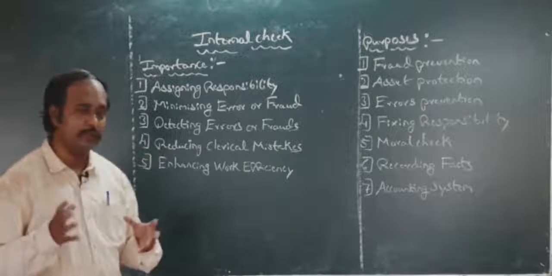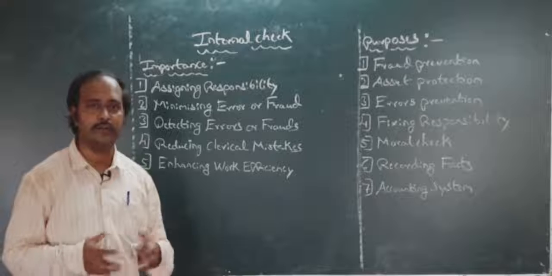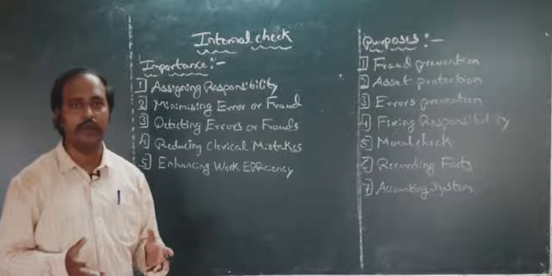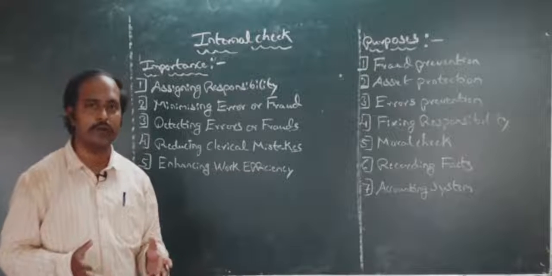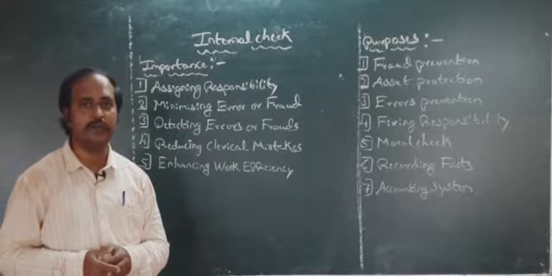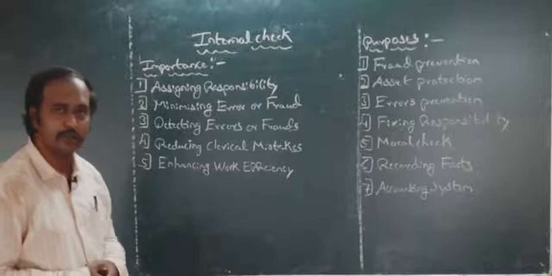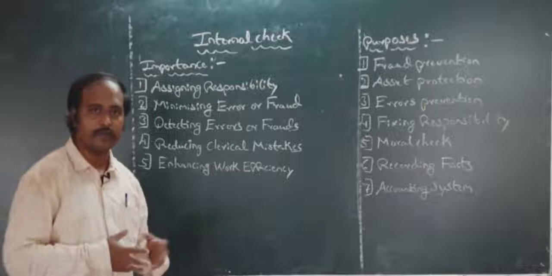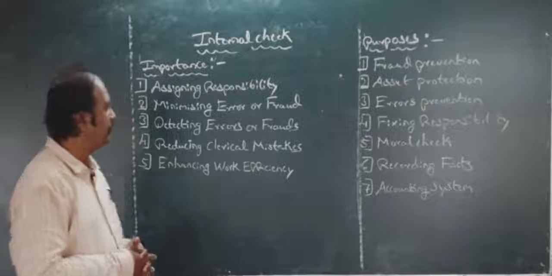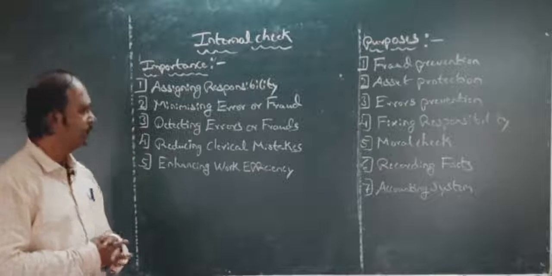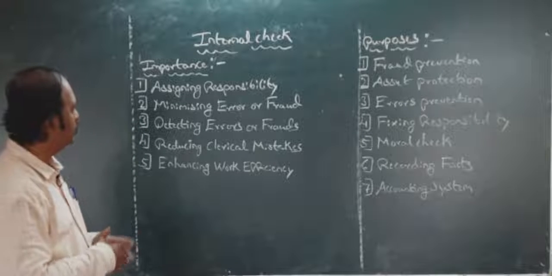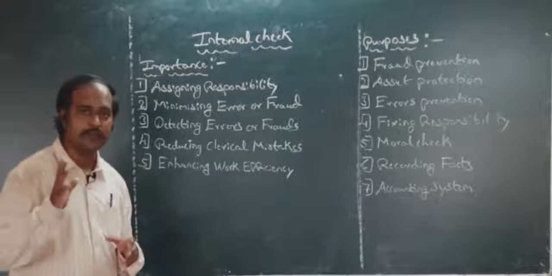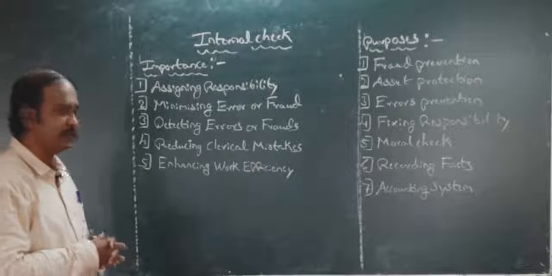So in that way, if they find any variances, definitely it would be brought to the management, and the management is going to take further action to improve the performance of that particular employee. So assigning responsibility is possible only when you have a good internal check system in the organization.